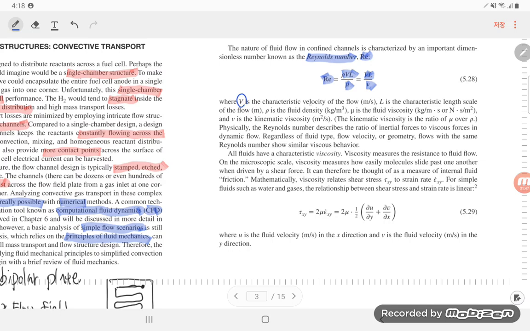So here, V is the characteristic velocity. Characteristic is very important because the flow distribution that occurs in the channel has, for example, a parabolic shape, right? And L is the characteristic length, rho is the density, mu is the viscosity, and here nu is the kinematic viscosity.